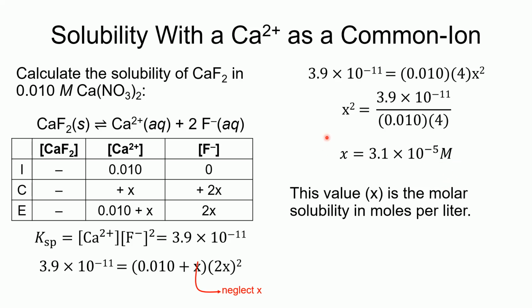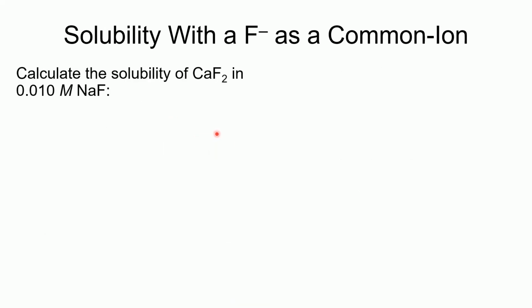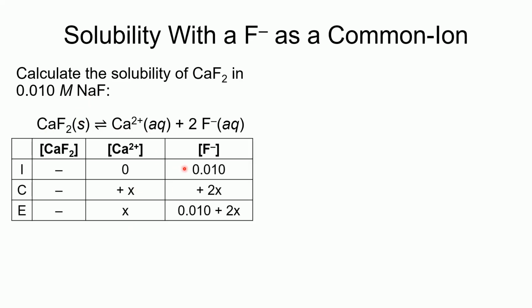So now I'm going to show you what happens if we use fluoride as the common ion. So here, if fluoride is our common ion, we're going to use sodium fluoride as the strong electrolyte. Here is our equilibrium. I've already described that. Our initial concentration of fluoride ion is going to start off at 0.010, and I chose the same concentration as I did for calcium on the previous one, just to show you there's a difference in the overall solubility.